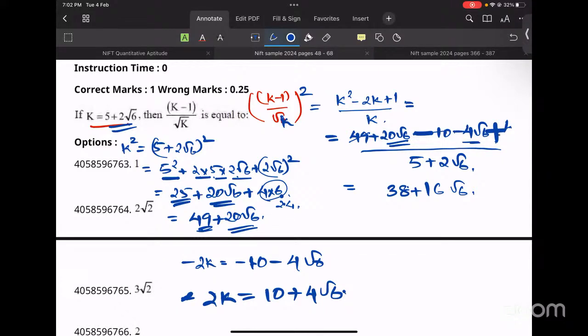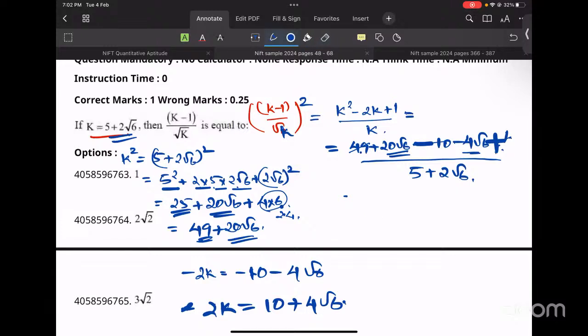So 49 plus 1 is 50, 50 minus 10 is 40. So 40 plus 20 root 6 minus 4 root 6, that is 16 root 6, divided by 5 plus 2 root 6. You can take an 8 outside.